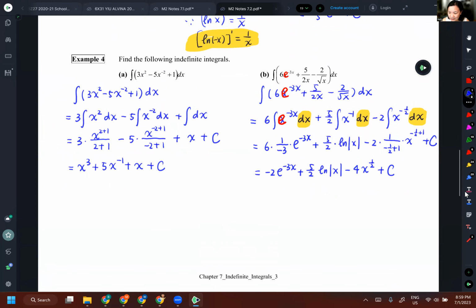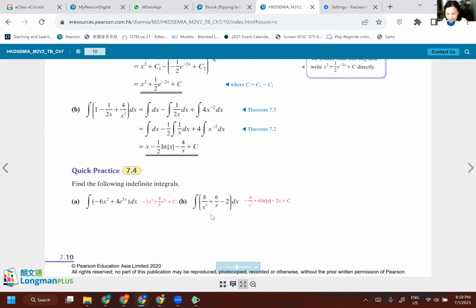Okay? Now let's do the exercise from the textbook. Page 10. Practice. If you can do it quickly, that's fine. Like I said, don't forget to write dx, and don't forget to write plus c. When you are done, let me know.